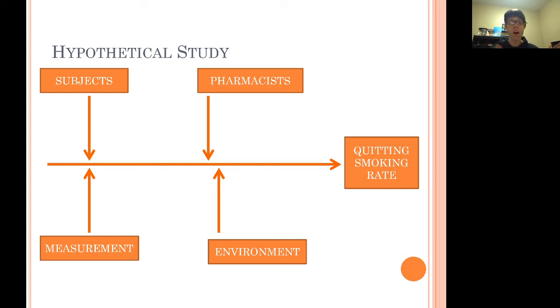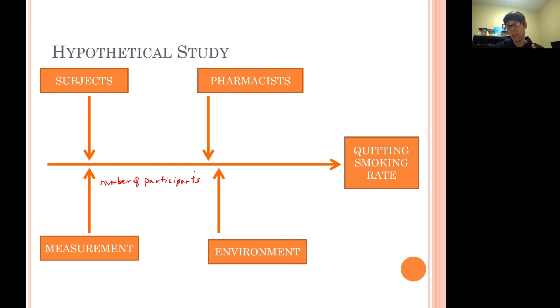And then finally, we always include measurement in our cause and effect diagram as well. And measurement usually comes down to thinking about things like the number of participants. So, do we have a few teens that signed up for this?